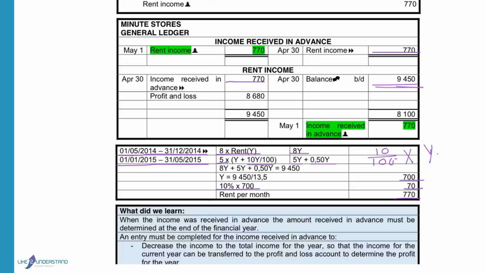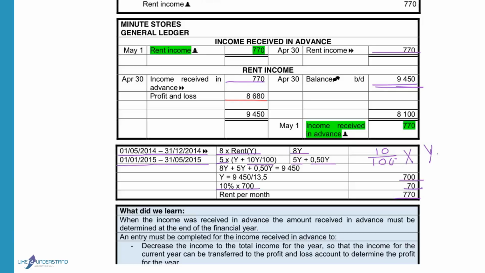So we received 770 and next year we will have to provide a service without receiving money. If we balance our rent income account now, we will see that the balancing figure is 8,680. That means the total amount that must go to my income statement and my profit and loss, the actual rent only for 12 months is 8,680.